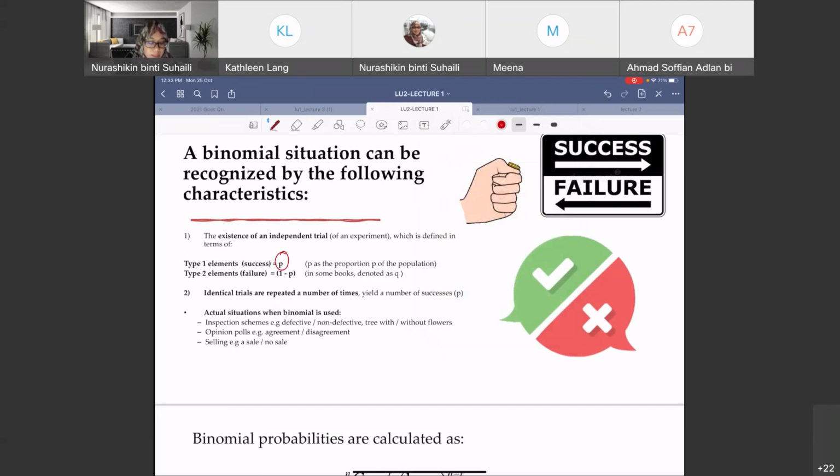So if let's say P is 35%, or in decimal 0.35, then of course the probability of the other one is 1 minus P. 1 minus 0.35, that is 0.65. So you can determine the probability of another event based on the information of one event. Sometimes it's not always 50-50, sometimes the probability is 30-70, 40-60, but you can determine it from the information of one event.